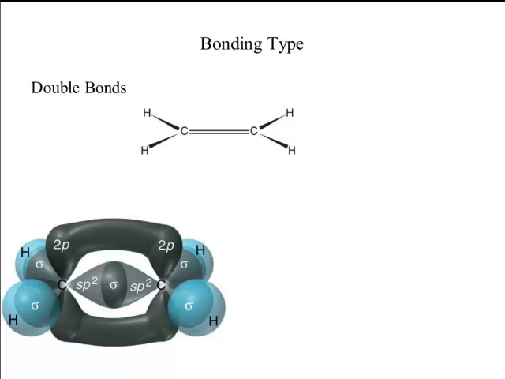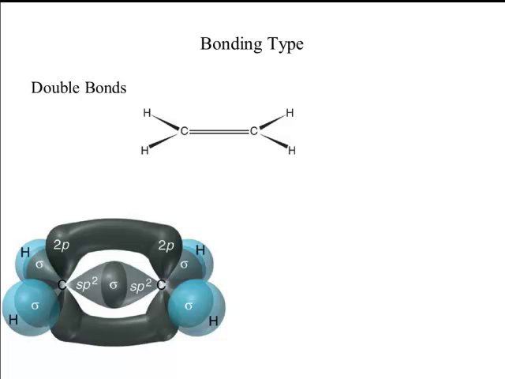The other line represented in the double bond is going to involve that pi overlap, that pi bond. So on each carbon, I used its s and 2 of its p atomic orbitals to get the sp2 hybrid orbitals. But that means I have a 2p orbital left over. Because each one of those has a 2p orbital left over, as we form those bonds, those 2p orbitals on the carbons then can overlap.